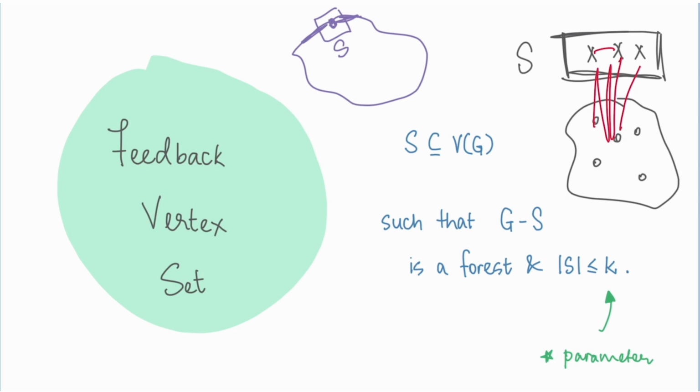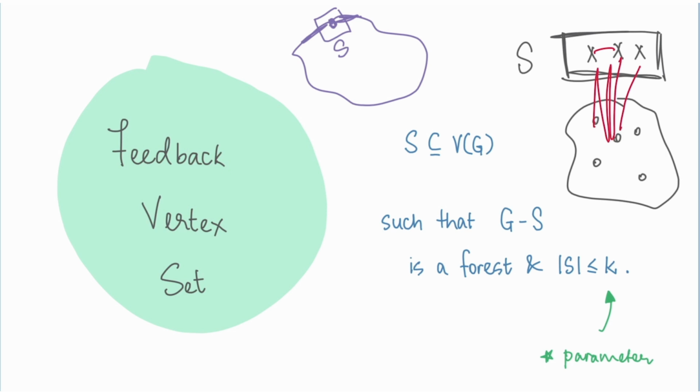So remember that we did have some reduction rules that were quite useful when we did the branching algorithm. In fact, we also used reduction rules for iterative compression, and it turns out here also it's these reduction rules that will come to our rescue. So notice that even in this example of one straight long cycle, one of the issues is that you have a lot of these degree 2 vertices.